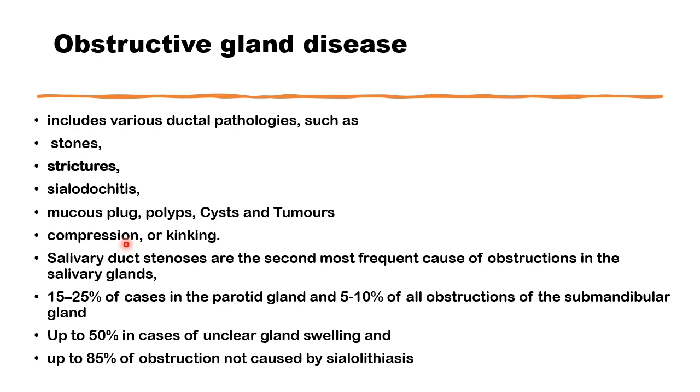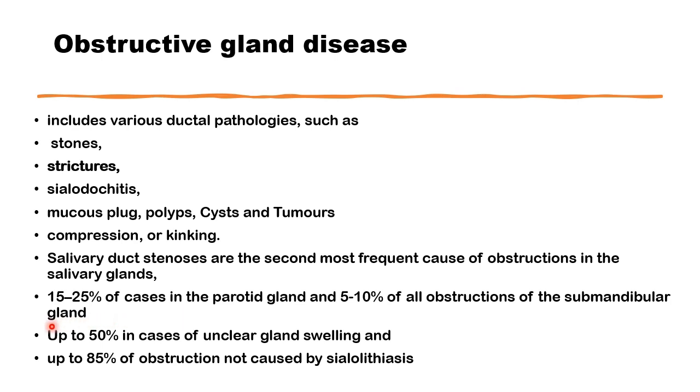Salivary duct stenosis is the second most common cause for obstructive gland disease after salivary stones. 15 to 25% of the cases of parotid gland, and with lesser frequency, 5 to 10% of obstruction of the submandibular glands, are due to strictures rather than stones or other pathologies.